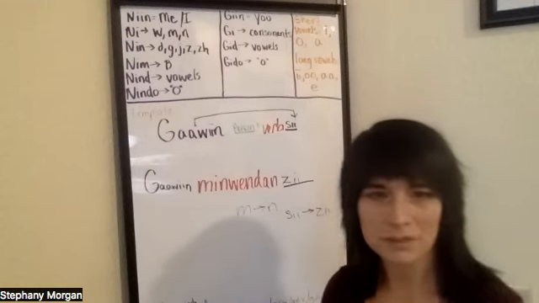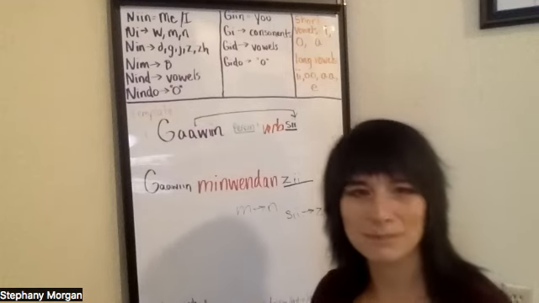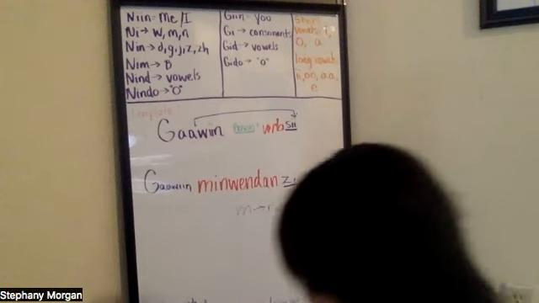I'm making assumptions here, but that's what seems like it to me. So yeah, gaawiin, minwiin, and zien.